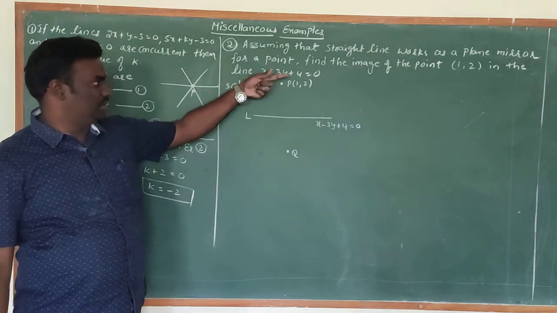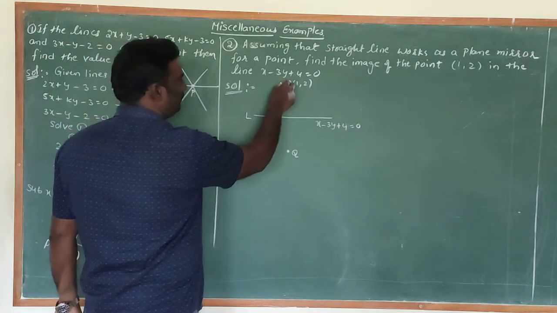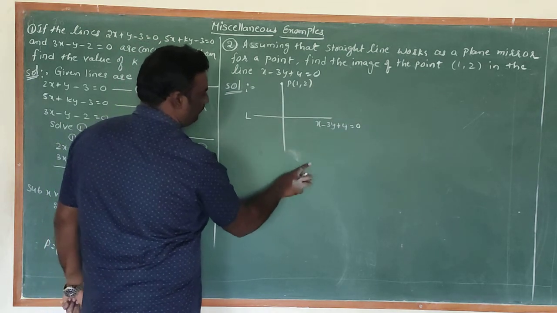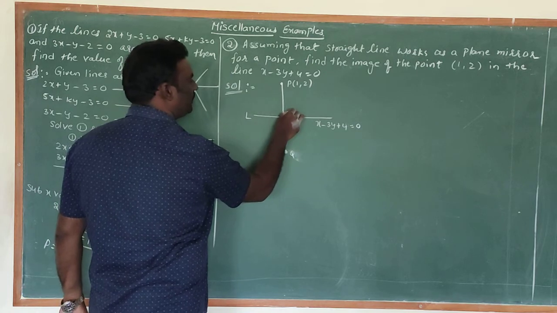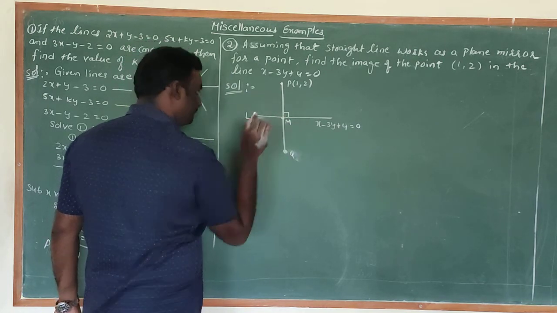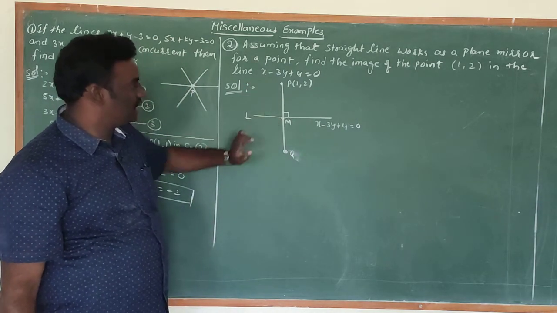Now this is above, that's why this point is below. But from the line, these both are the same distance. It is perpendicular and this is the midpoint. Why? Because this length and this length both are the same.